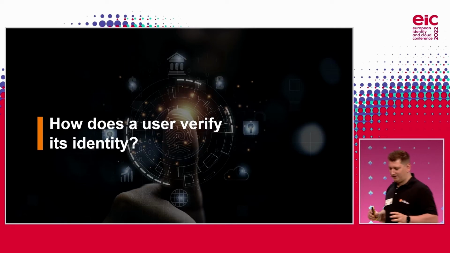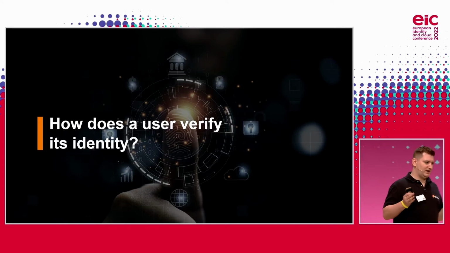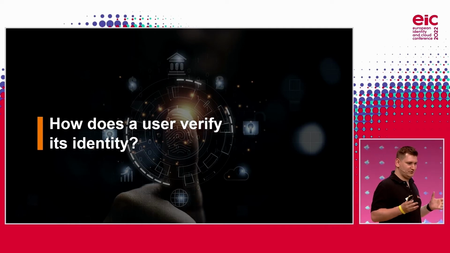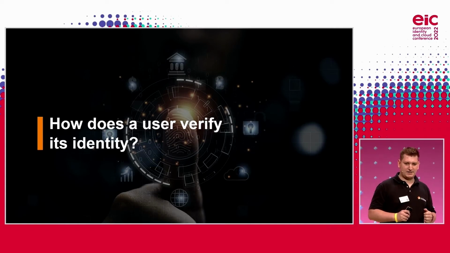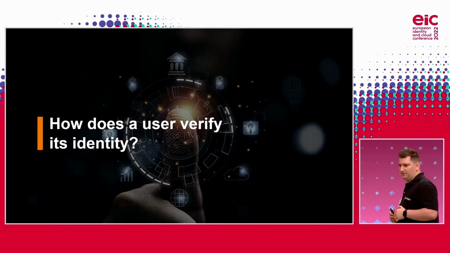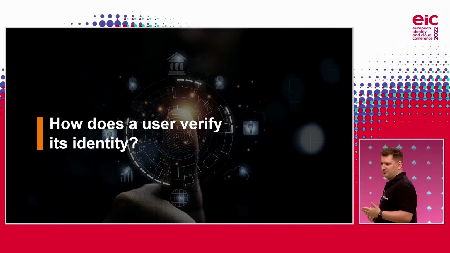That leads us to the question: how does a user verify their identity? Many of you know the most common use cases. So there might be NFC, where I can verify maybe with an ID card. I have video agent-based approaches where I talk with a real person via video stream.